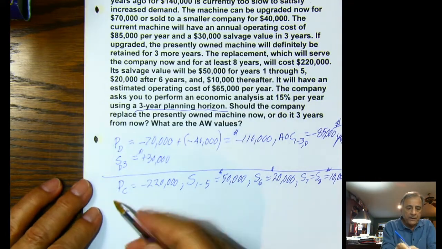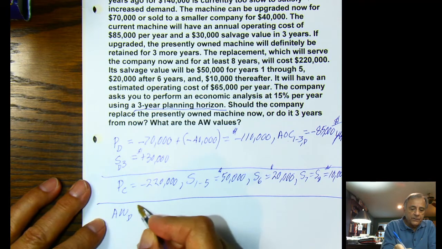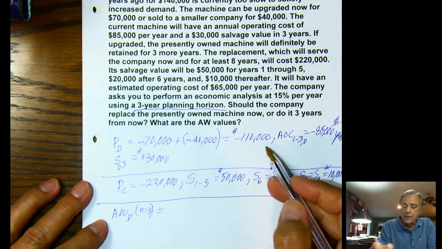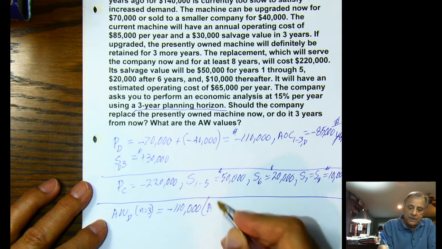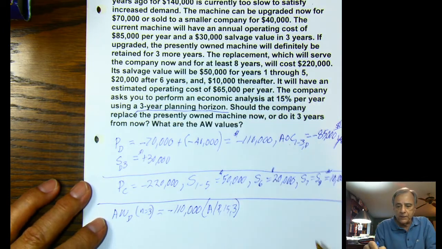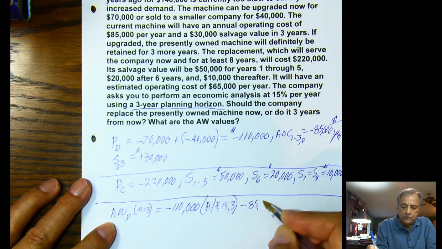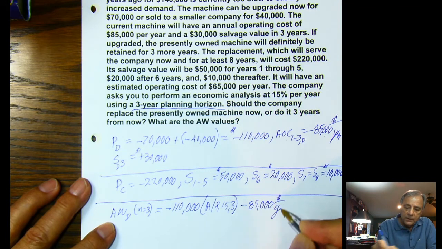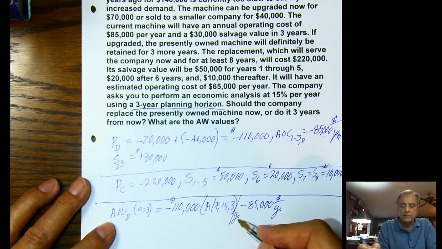Okay, so the annual worth of the Defender for n equals 3 is, it cost you $110,000 to keep it, A given P, 15% for 3 years. It costs you $85,000 a year to operate. This is dollars per year. This is dollars, but when we spread it out over 3 years, it becomes dollars per year as well.